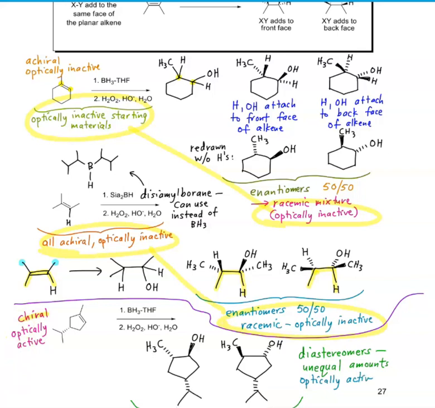Okay, so let me restate that for clarity. The diastereomers formed as the result of an addition reaction are going to be formed in unequal amounts, and such a mixture of diastereomers will be optically active. So we started with optical activity in the starting material, and we get an optically active product.